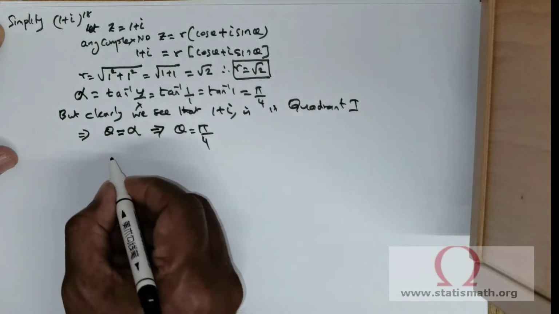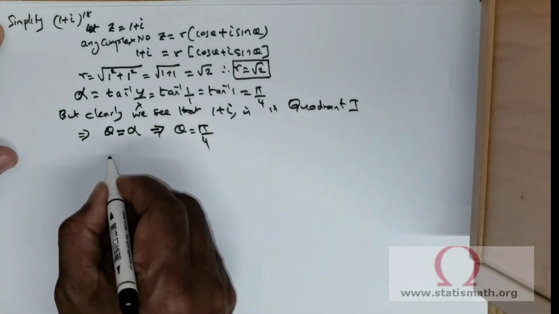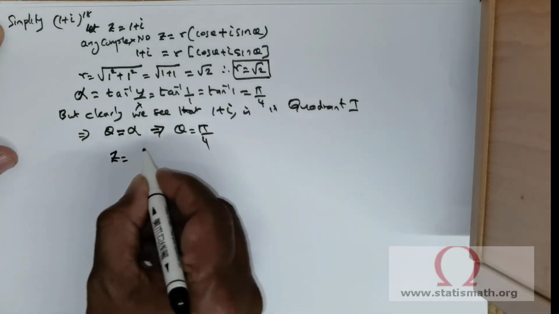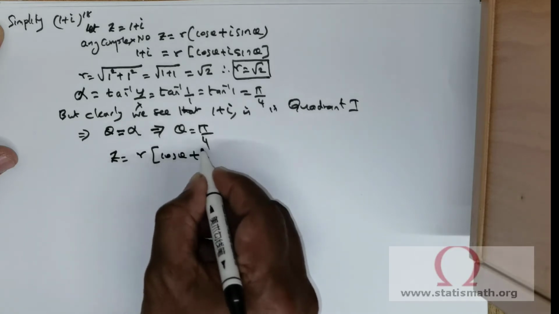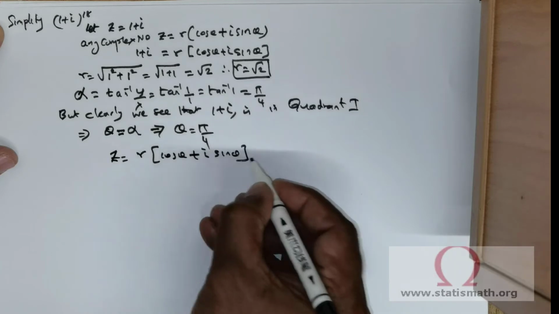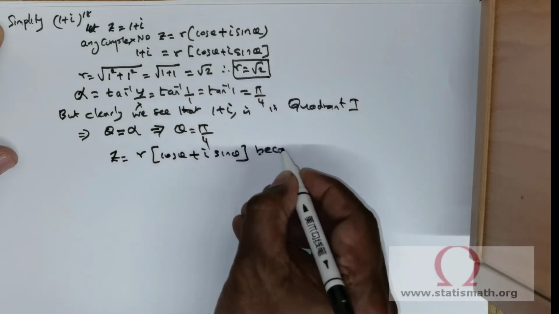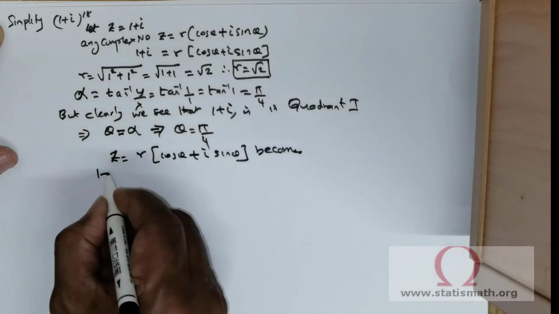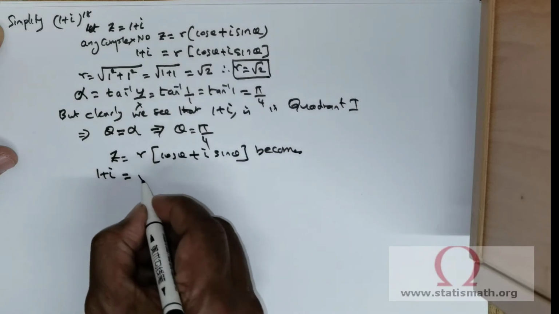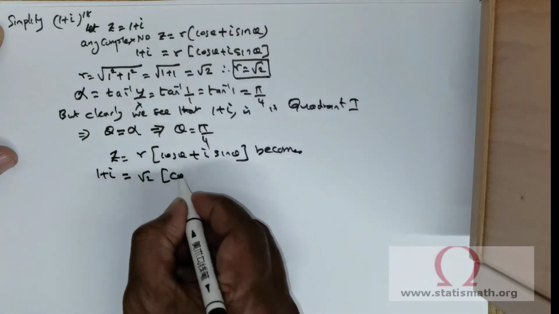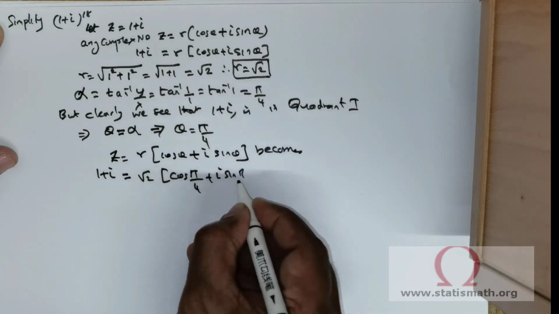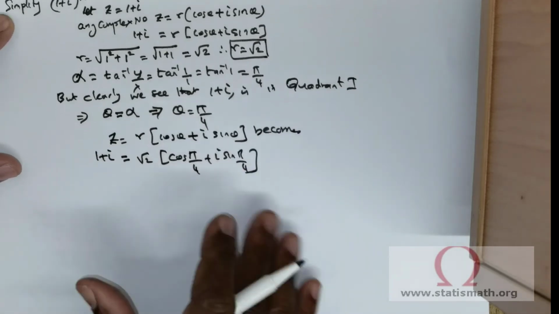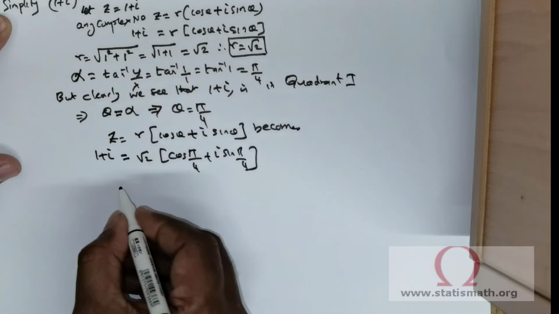Therefore the complex number z, which is r times (cos theta + i sin theta), becomes 1 + i equal to root of 2 times (cos pi over 4 + i sin pi over 4). Okay, this is what we get.